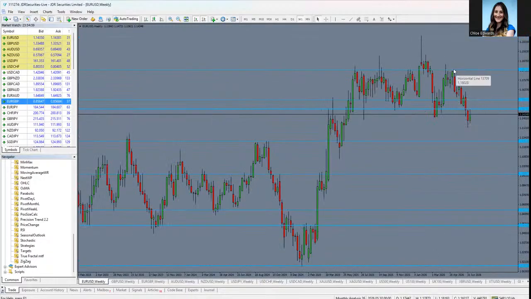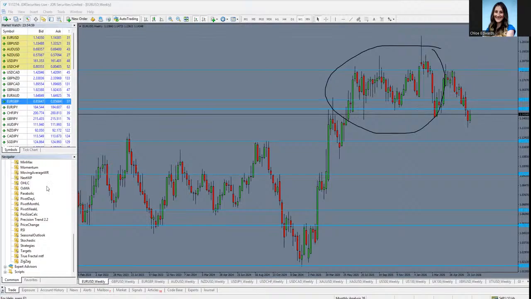If I zoom in a little bit, let me just draw this in for you guys to make it absolutely clear what I'm looking at. Bearing in mind this is the weekly time frame, I don't need to look at much past price action. I only really need to look at the most recent, say, 10-ish bars, because that is a couple of months worth of data.